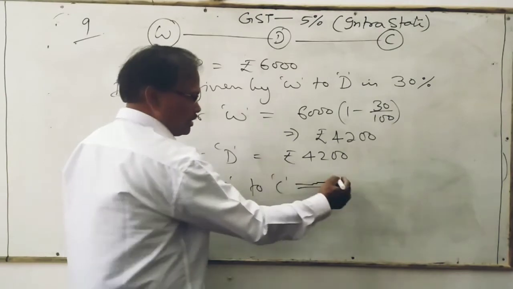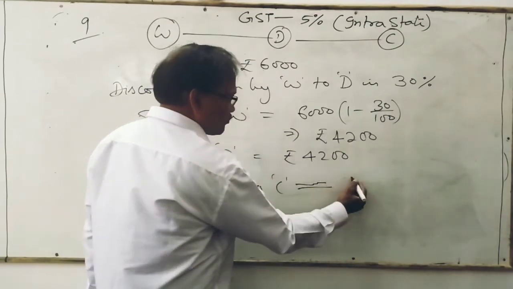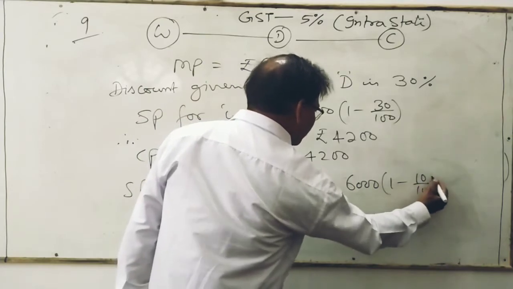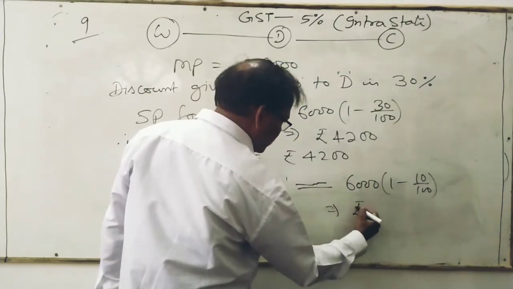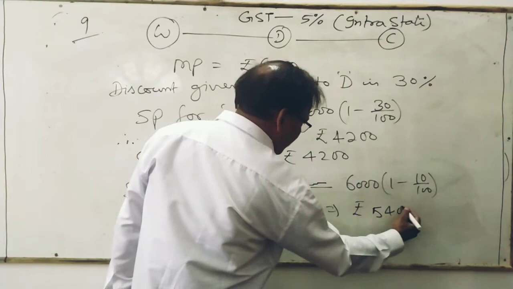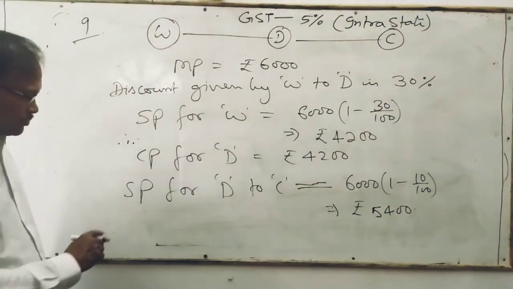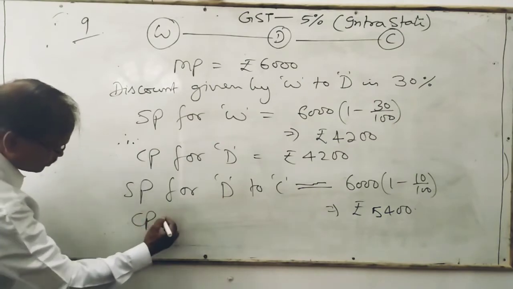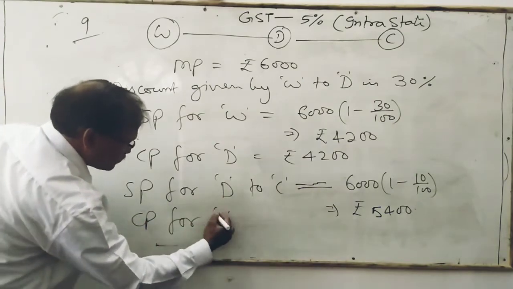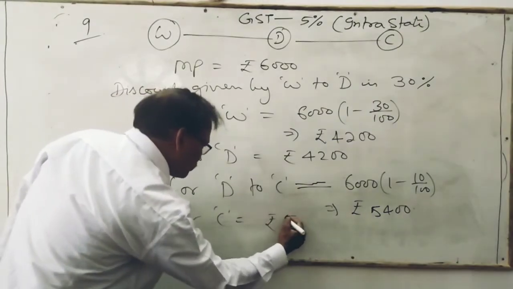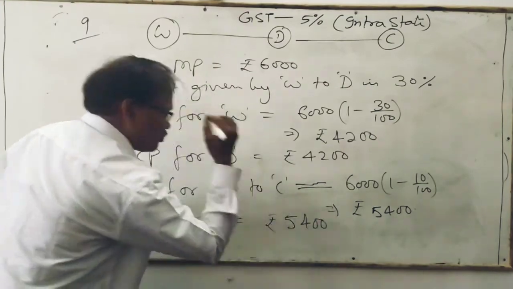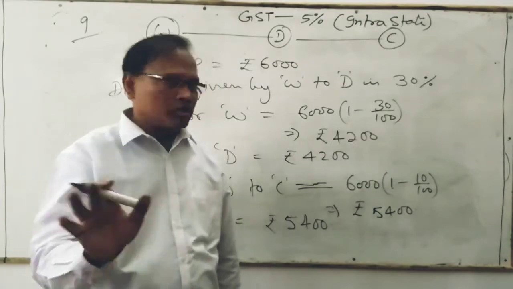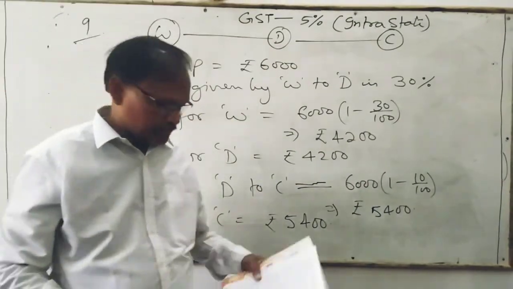So cost price तो इतना है, तो sorry mark price. तो mark price is 6000. So 1 minus 10%. This is equal to rupees 5400. This is the selling price for dealer to consumer. So what is the cost price for consumer? The same, rupees 5400 cost price. Everything is clear. Selling price and cost price for all members.